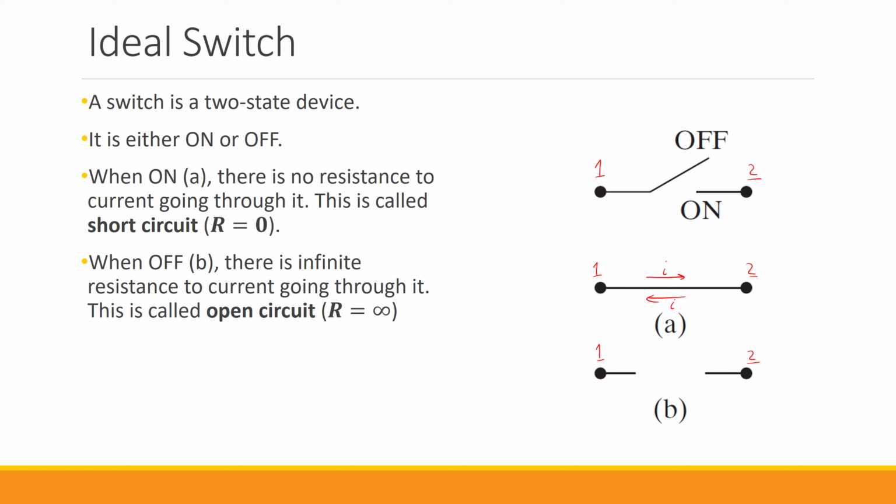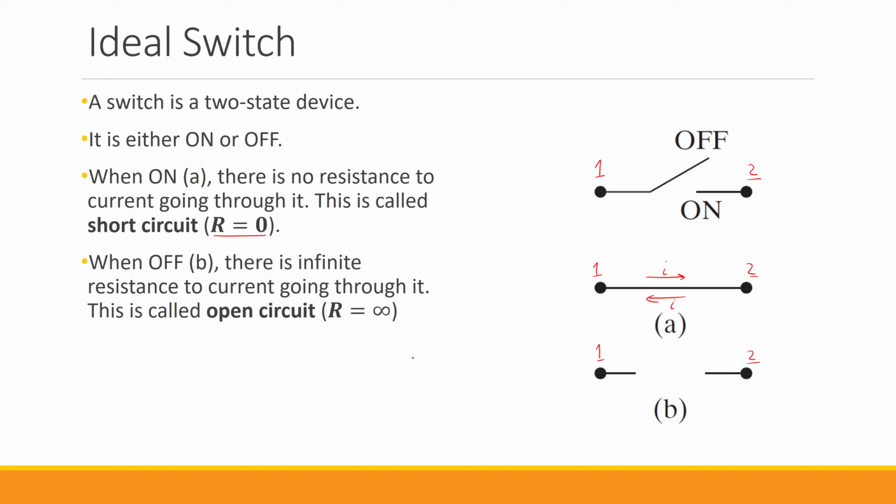Because of that, we say that the switch is in short circuit state, or the alternative way is that we say the resistance is zero. On the other hand, when the switch is off or in position B, there is an infinite resistance to current going through this switch.